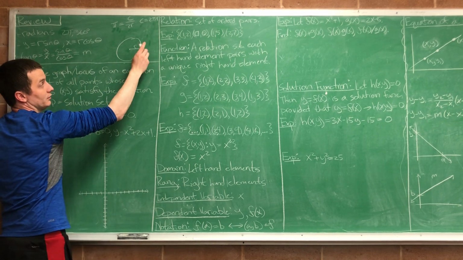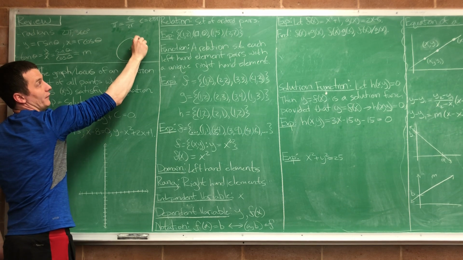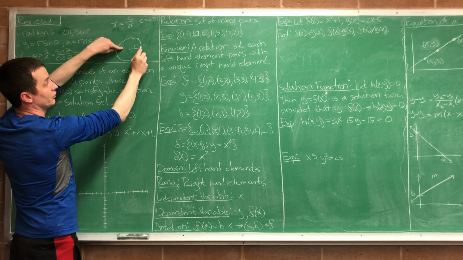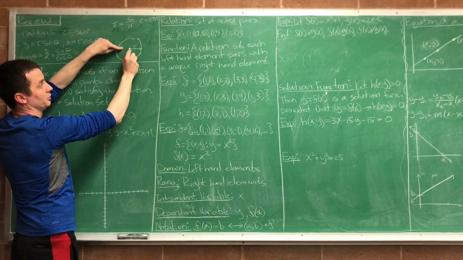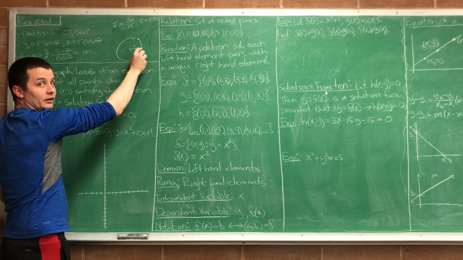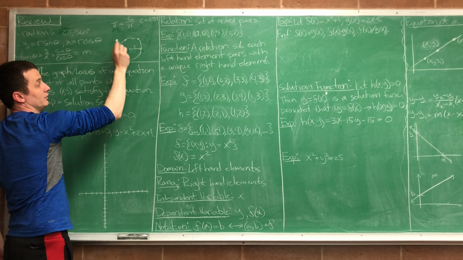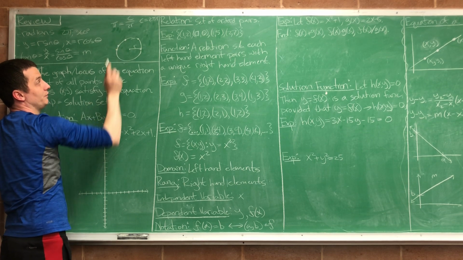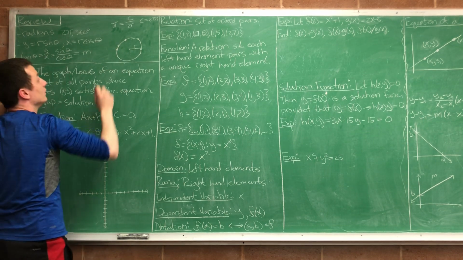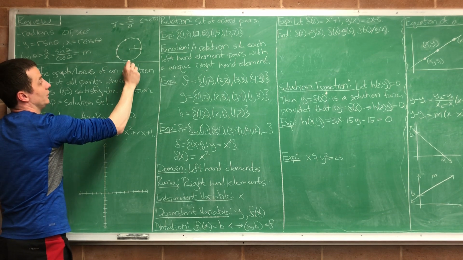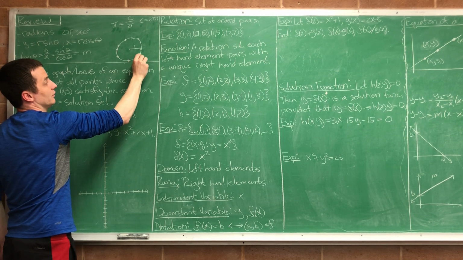So one radius, here's my radius, would give me about that far going around the circle. I'm trying to draw it so the distance from here to here is the same as the radius. Here's one radius. Here's two radiuses. Here's three radiuses. Here's 3.14159 radiuses. Here's 4 radiuses. Here's 5 radiuses. Here's 6 radiuses.